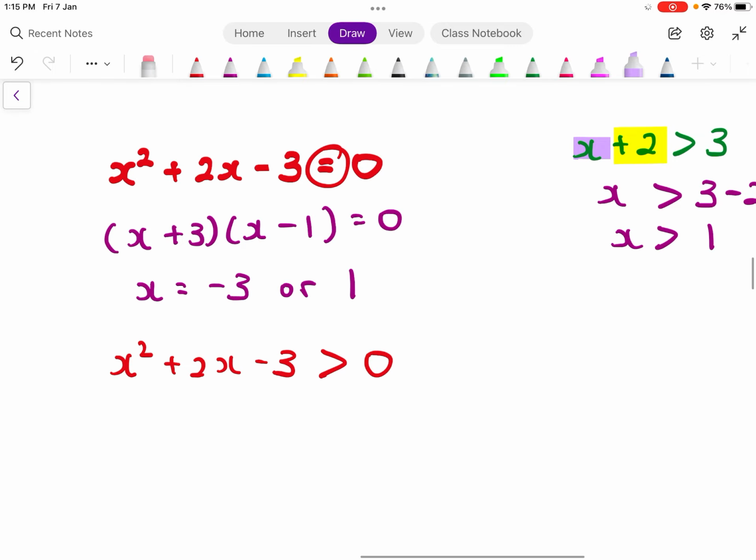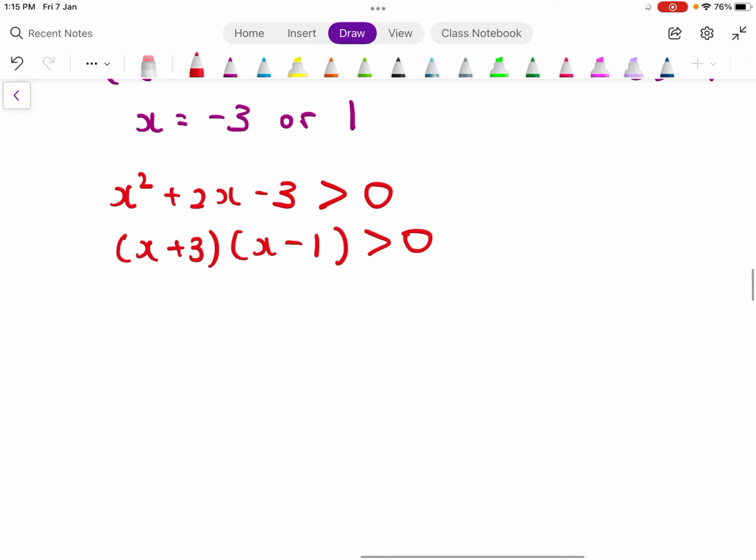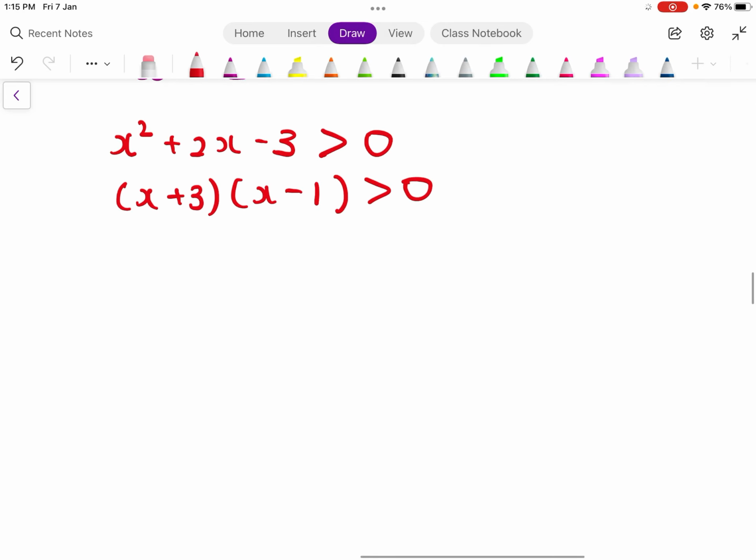Okay, so if you encounter x squared plus 2x minus 3, the first step is always to do your factorization. Same thing, (x plus 3)(x minus 1) more than 0. Of course, our first reaction is to solve it the same way as a quadratic equation.